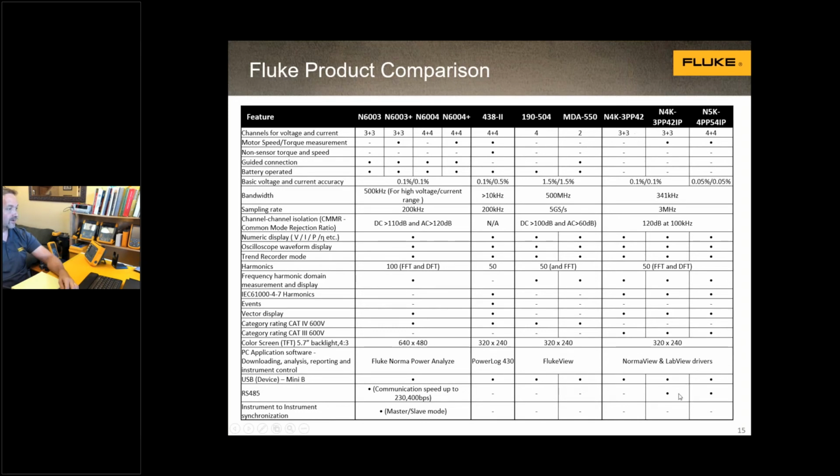The 4000 and 5000 are not rated for that. Larger color display, and it does come with software. You can download the software, and there's no additional charge for the software that comes with the unit. And then RS-485 communications for linking more than one unit together back to back.